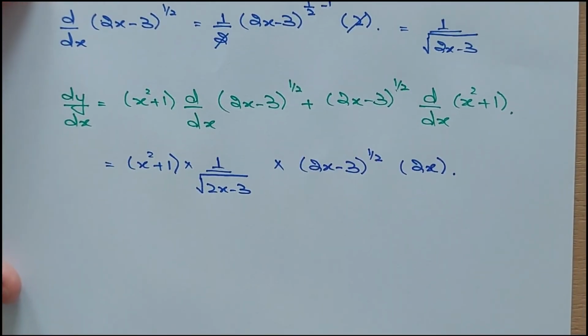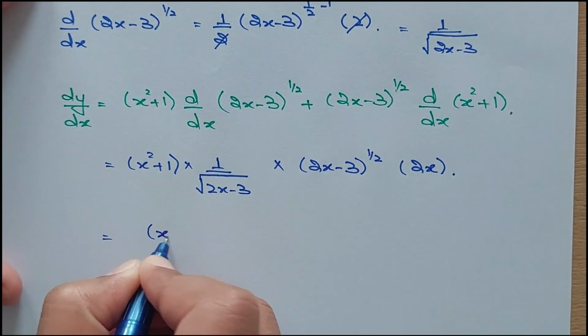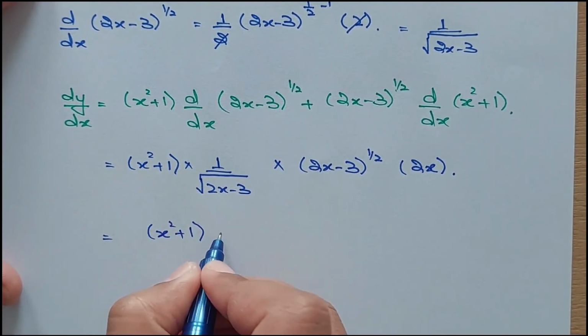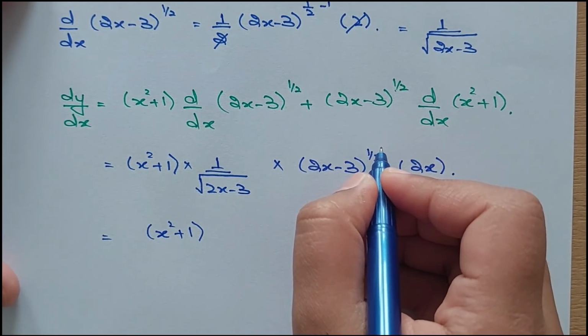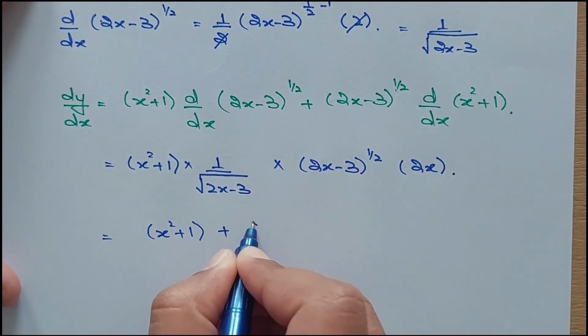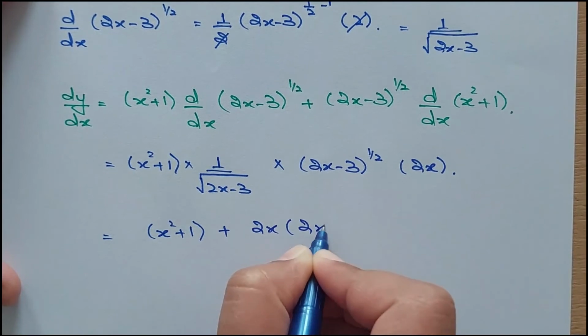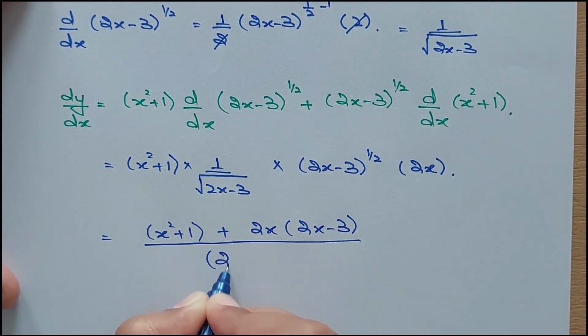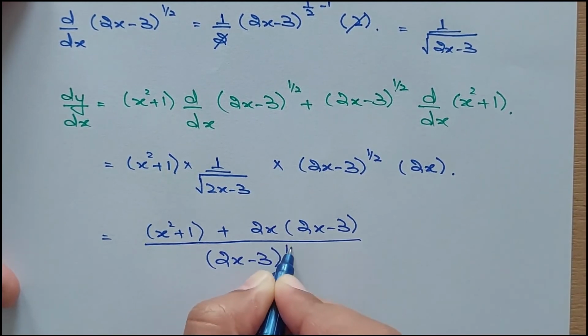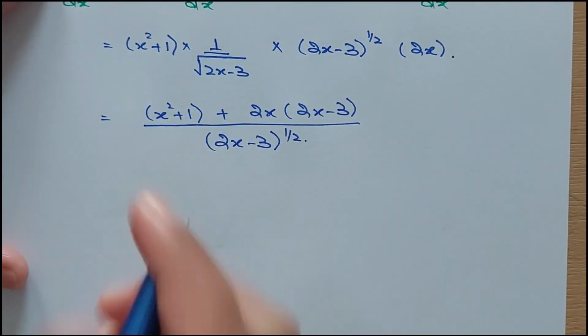Now let me take an LCM. So we have x square plus 1, and this square root is multiplying with the square root, so square root times square root is just power 1, plus 2x multiplying with the power 1 of this function, whole divided by (2x minus 3) power 1 by 2. Let me simplify this further.